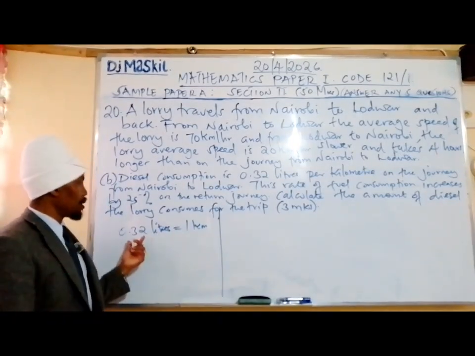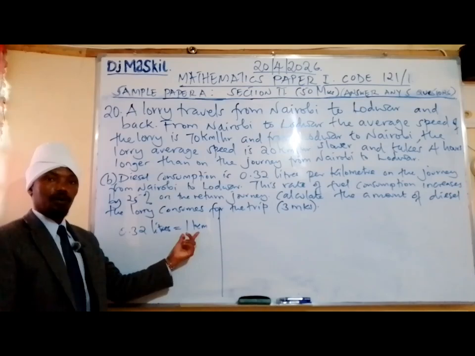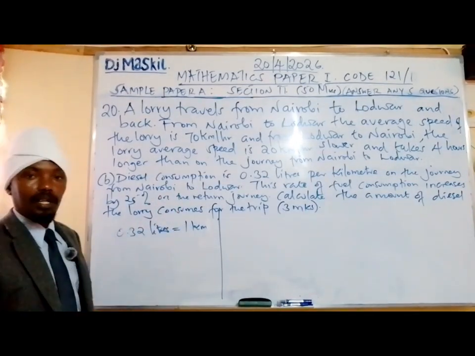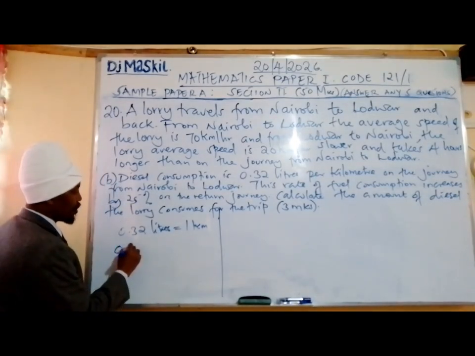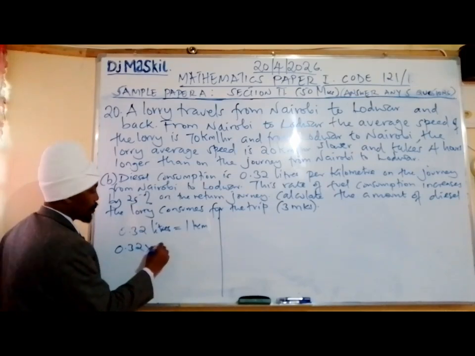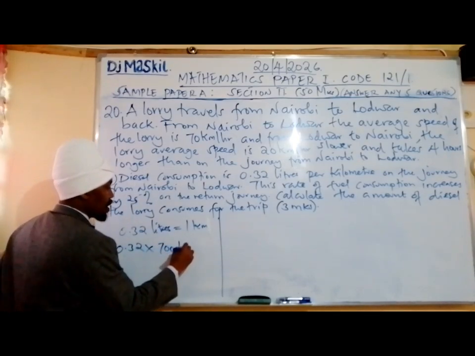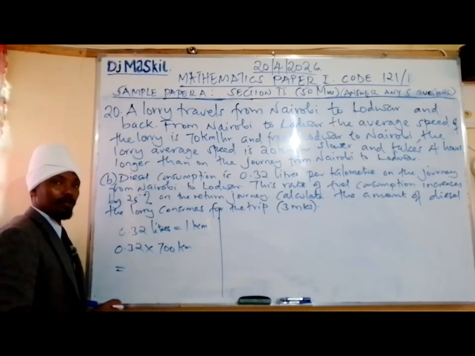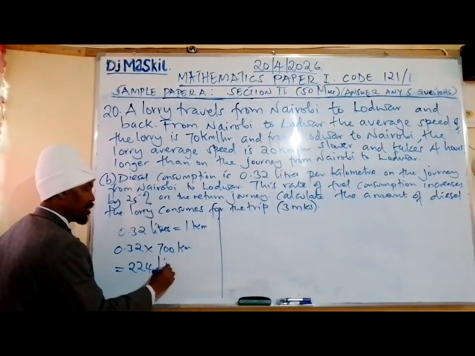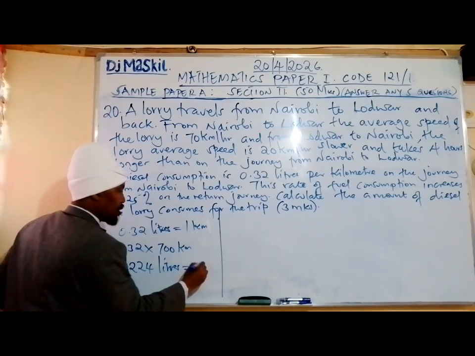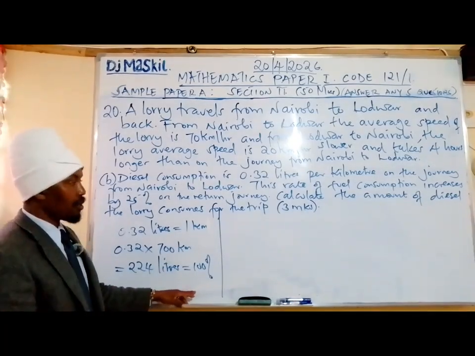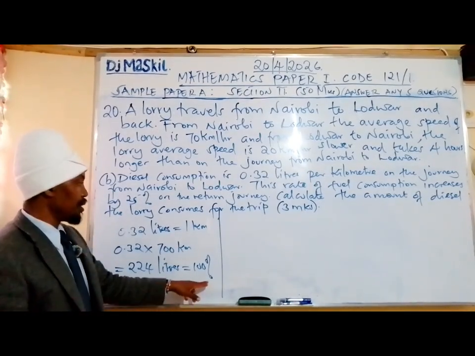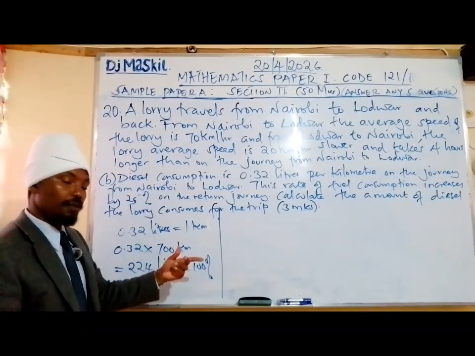Now, we know 0.32 liters is for 1 kilometer, and we have our distance as 700 kilometers. Therefore, you are going to say 0.32 multiplied by 700 kilometers. So this will give you 224 liters, which is 100%. Now, on the return journey, this 100% increases by 25%.